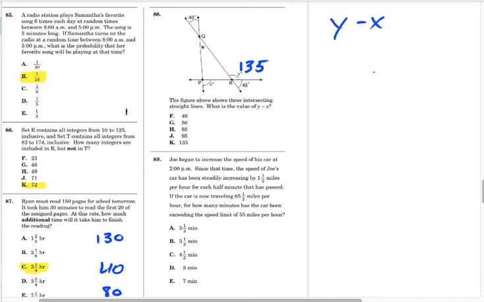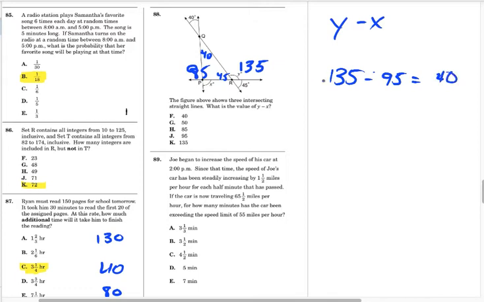Let's see what else we have here. So this angle is going to be 40. This angle is going to be 45, right? So that leaves us with 95 here. So we have 135 minus 95 equals 40.